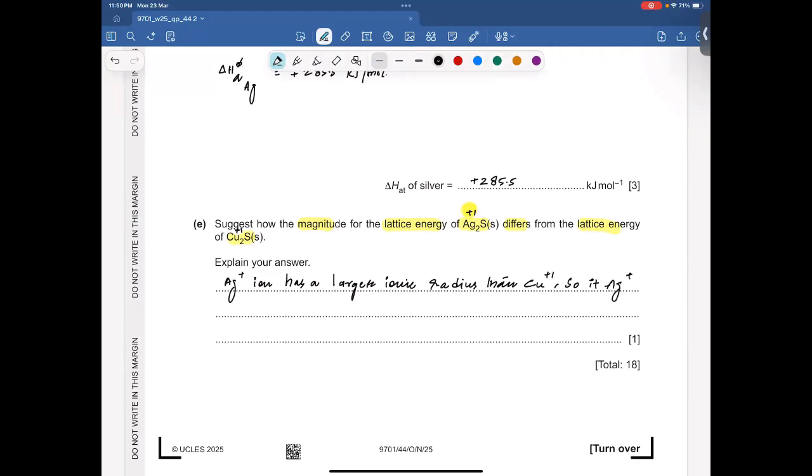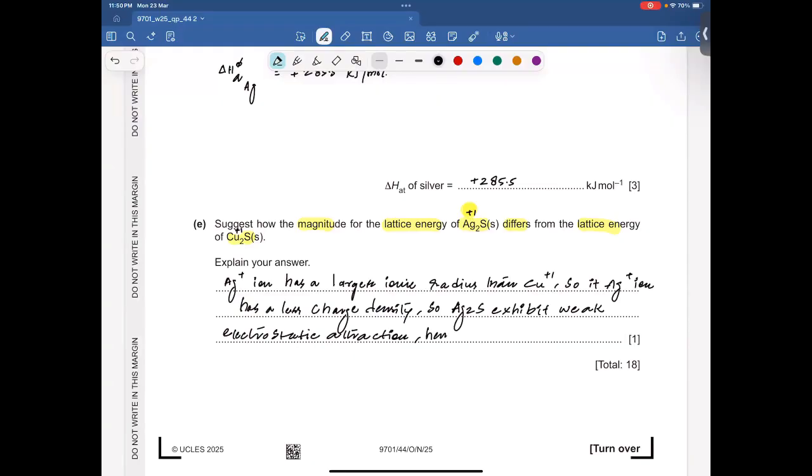So silver ion has a less charge density, so silver sulfide exhibits weak electrostatic attraction, hence weaker electrostatic attraction than Cu2S, hence its lattice energy is less exothermic.